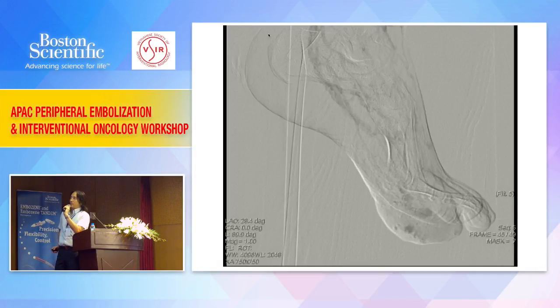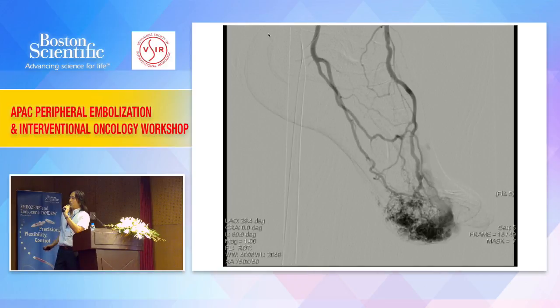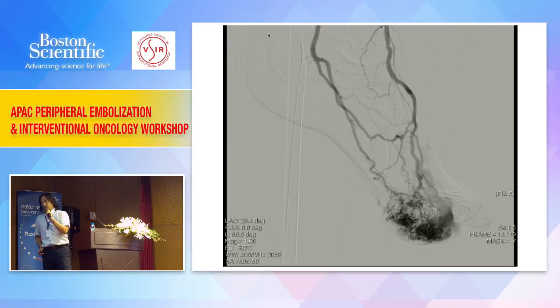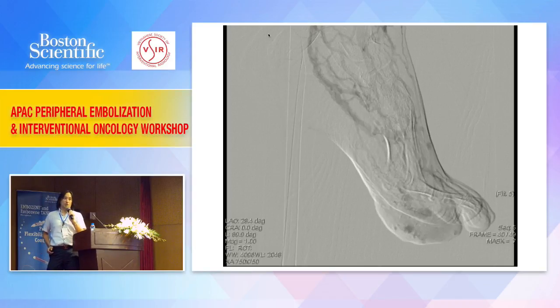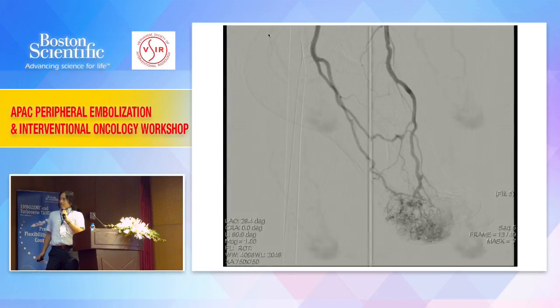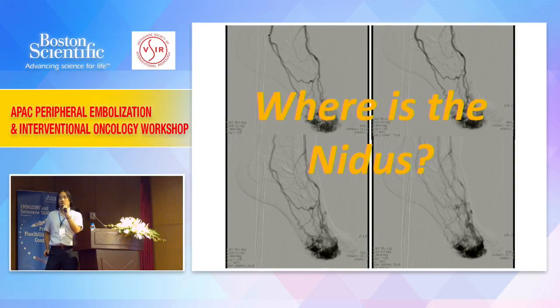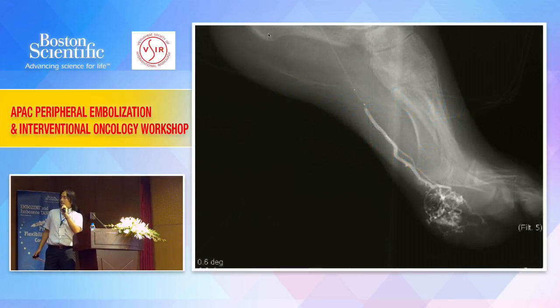Then this is an angiography from the peripheral artery. You can see the AVM here. But this imaging is also not enough to recognize the nidus. So every time I ask myself, where is the nidus? In Japan, we can use a micro balloon catheter.